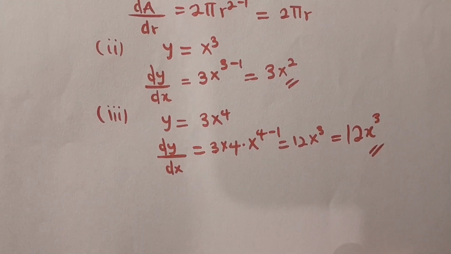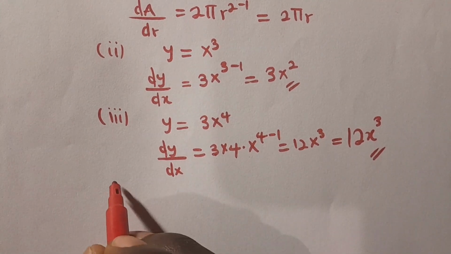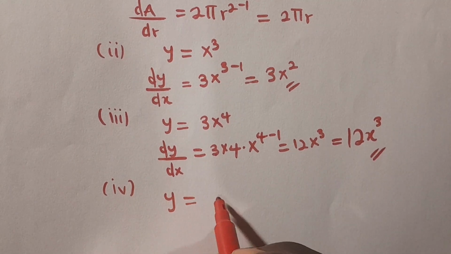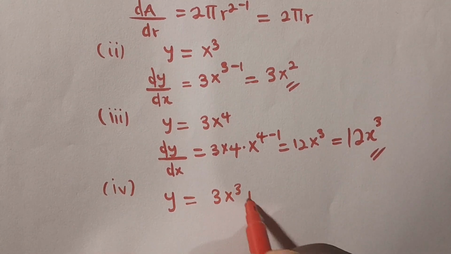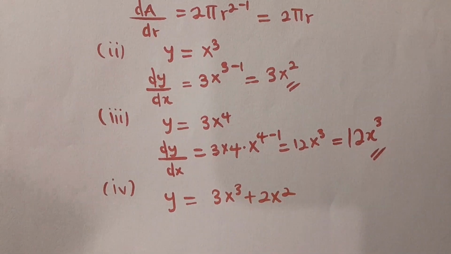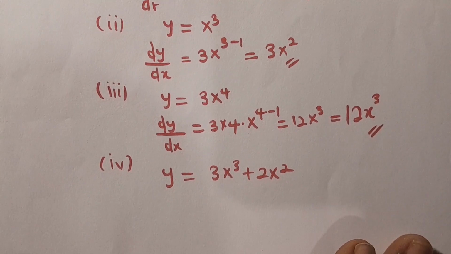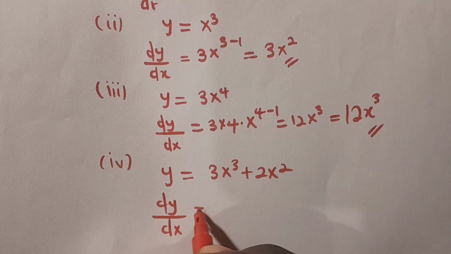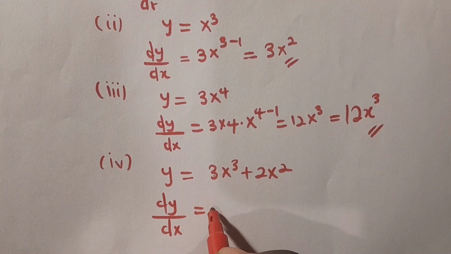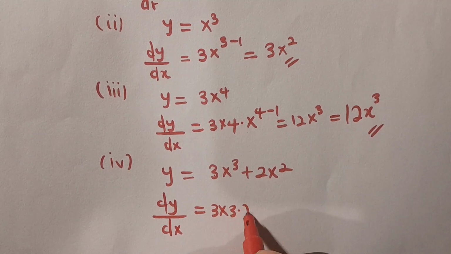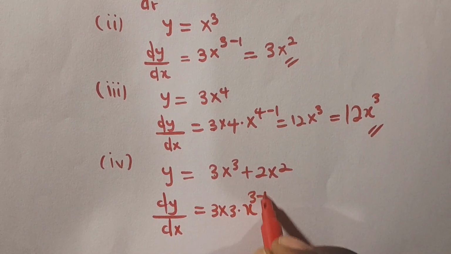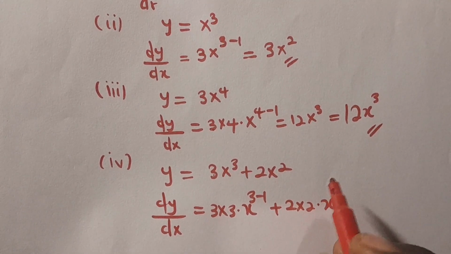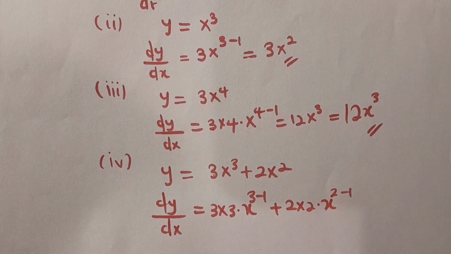So let's take a look at example 4. When you are given y to be equals 3x cubed plus 2x squared. So to differentiate this with respect to x, we can have dy over dx to be equals, we have 3 multiplied by 3 dot x raised to power 3 minus 1 plus 2 multiplied by 2 dot x raised to power 2 minus 1.